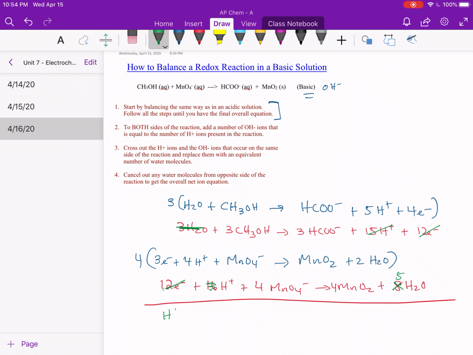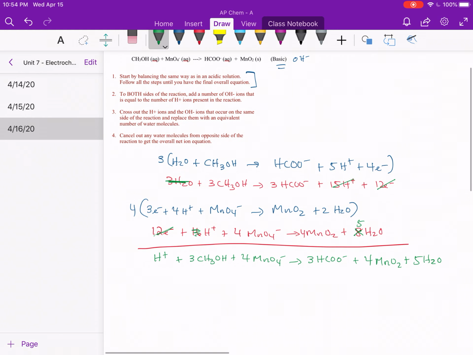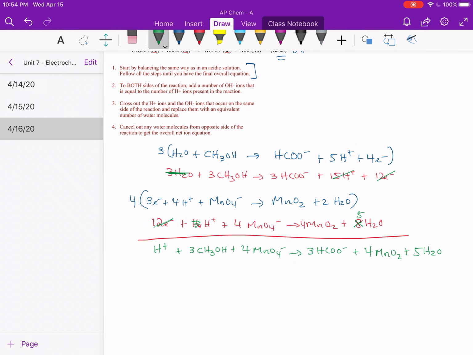So we end up with an H plus, my 3 CH3OHs plus 4 MnO4 minus going to 3 HCOO minus plus 4 MnO2 plus our 5 H2Os. Okay, and so now if we were in an acidic solution, we'd be done.